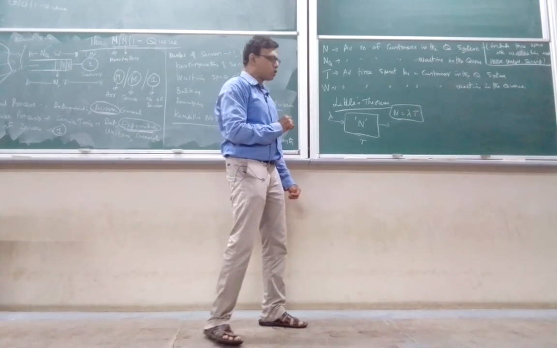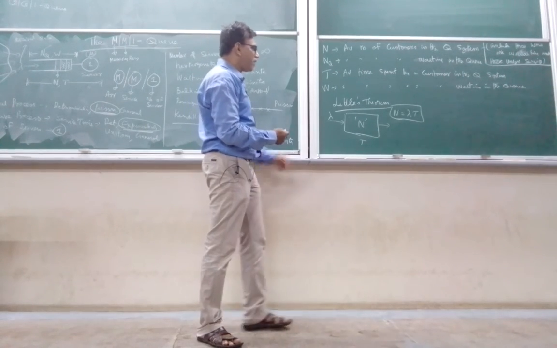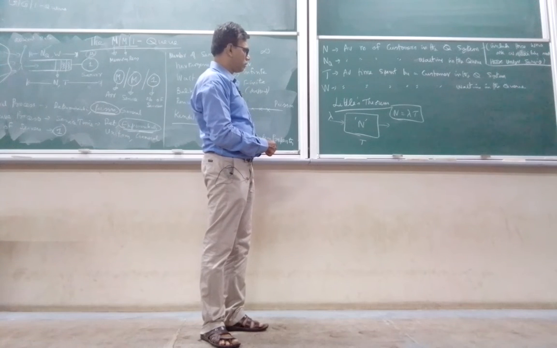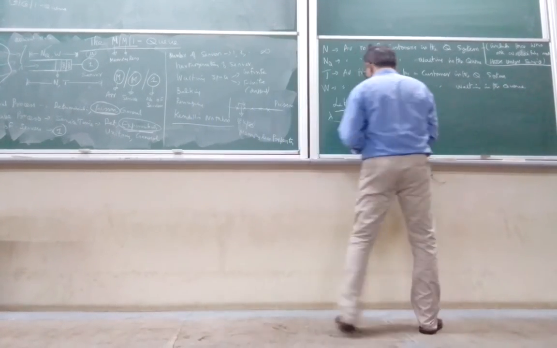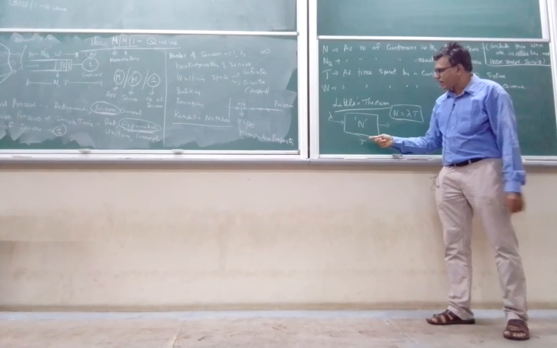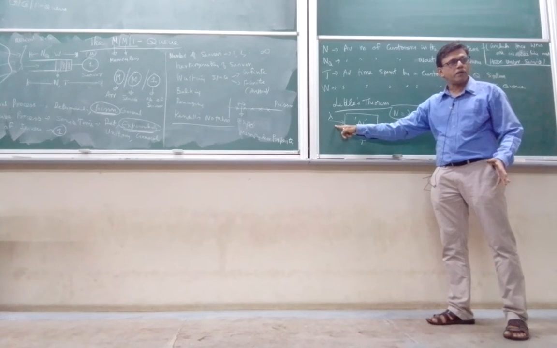So how do we view it? On the average, these are all averaging quantities. How do we find it? Lambda is the arrival rate, the number of customers arriving per unit time.